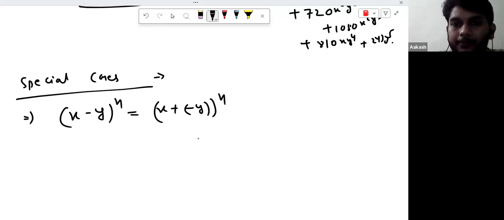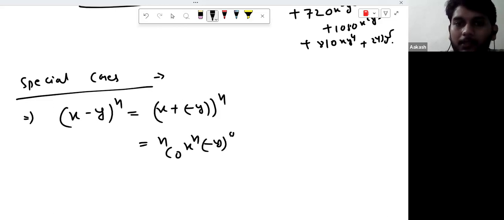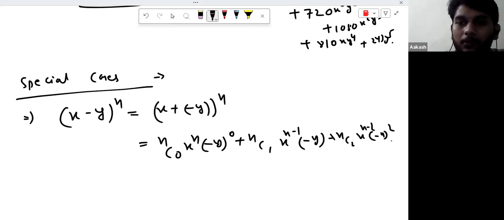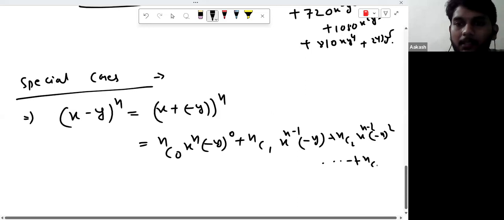Yes or no? Yes, sir. So we can use the expansion theorem, which is nc0 x to the power n minus y to the power 0 plus nc1 x to the power n minus 1 minus y plus nc2 x to the power n minus 2 minus y to the power 2, so on till ncn x to the power n minus n minus y to the power n.